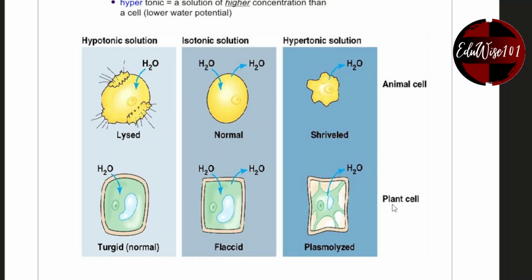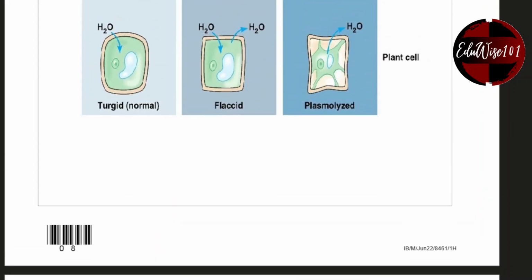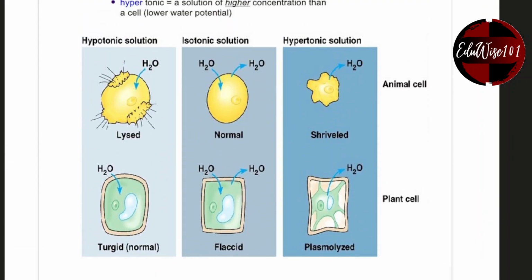In plant cells, the cell membrane retracts inside. The cell manages to keep its shape because of the cell wall, and we call it plasmolysed. That brings us to the end of question number 1, and I will see you in the next video for question number 2.